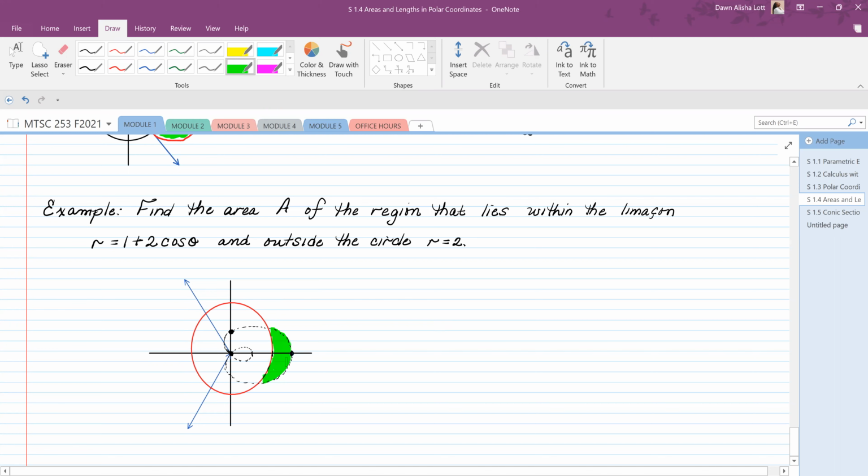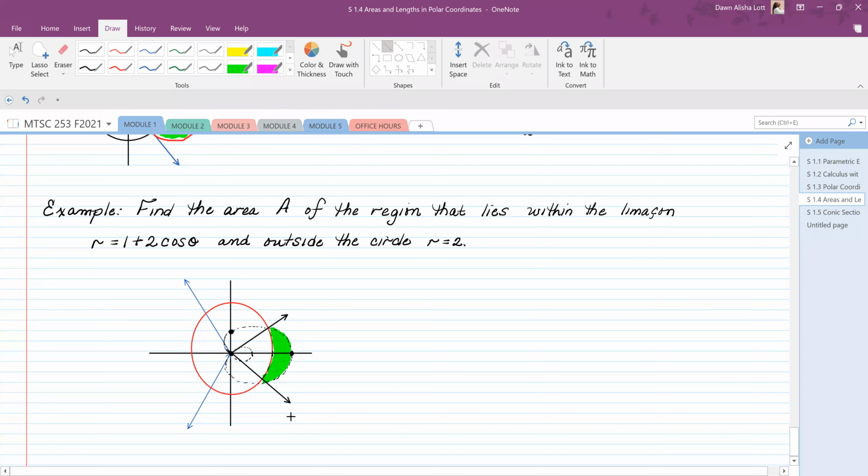Okay. So we have to find the theta where they intersect. The theta where it intersects is right here, and then the other one is right there.